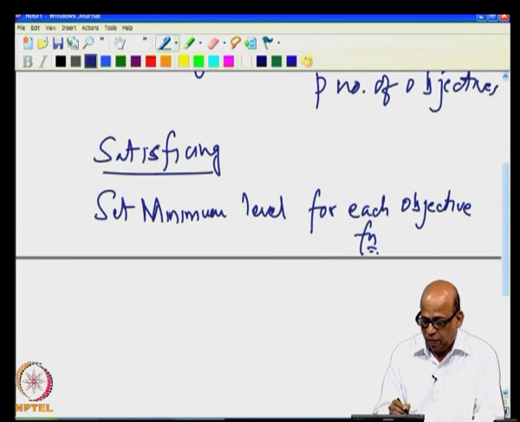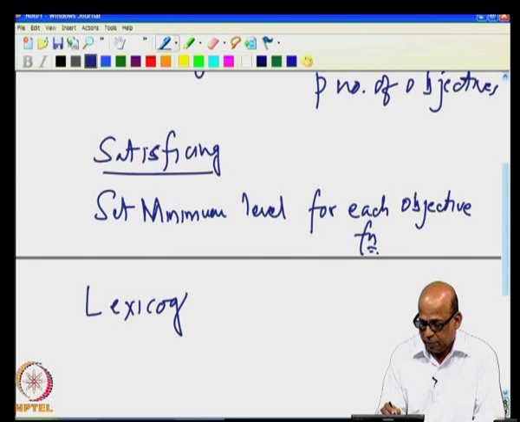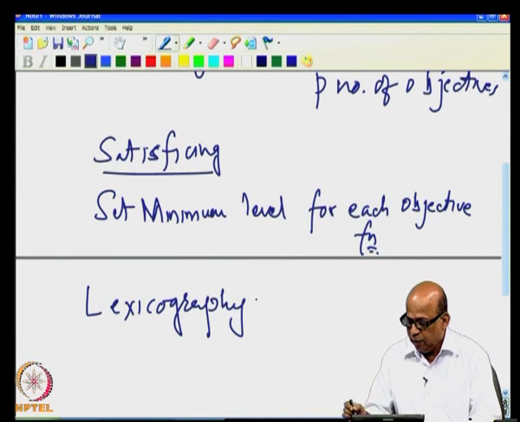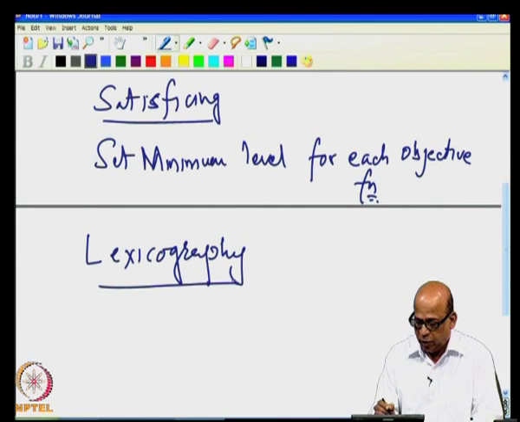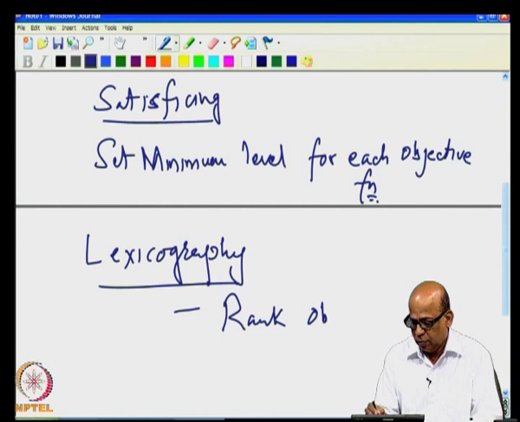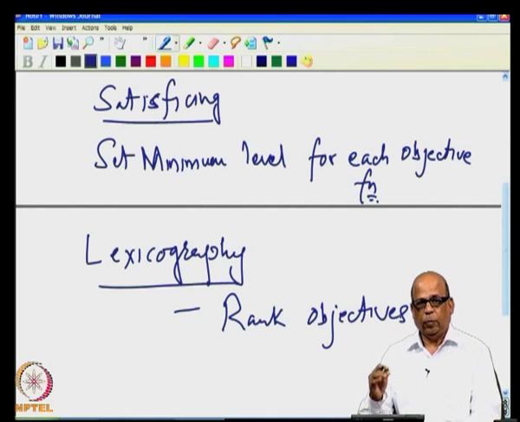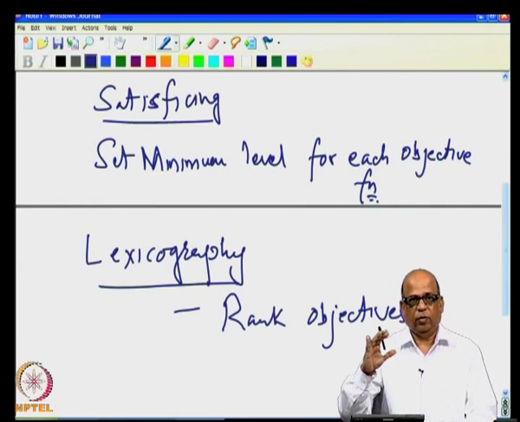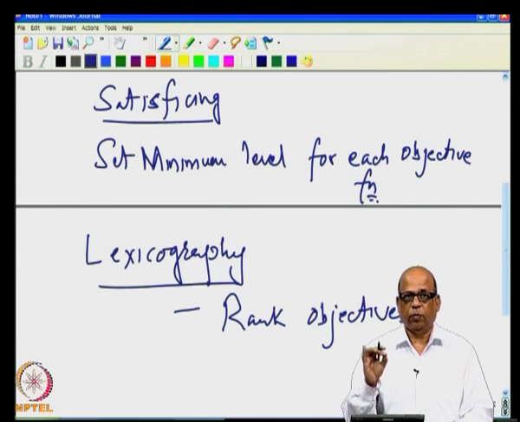Then we also have what is called lexicography, in which we essentially rank the objectives. That means, I will say rank number 1 is my drinking water supply objective, rank number 2 is irrigation objective, and so on.